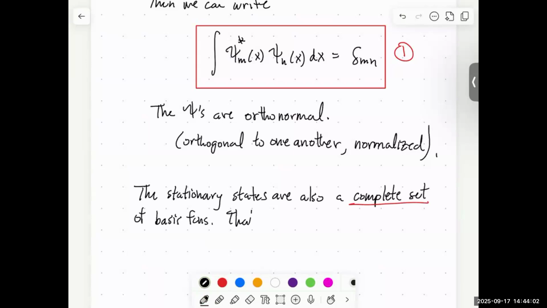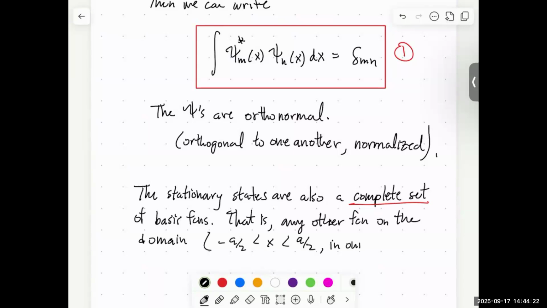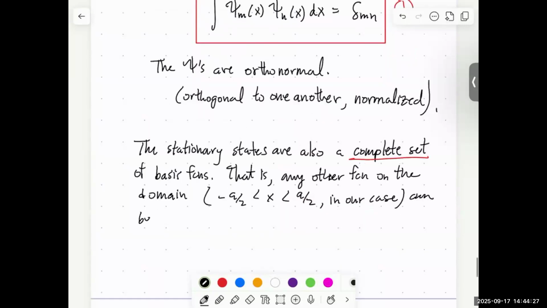That is, any other function on the domain, which in our example is minus a/2 to a/2, can be expressed in terms of psi n.